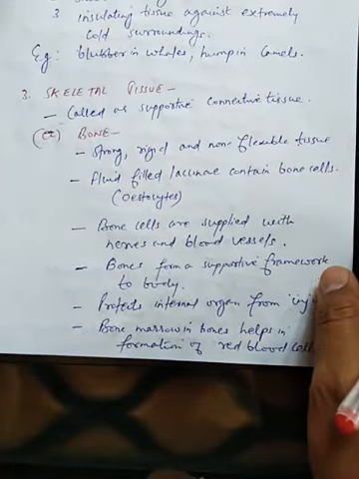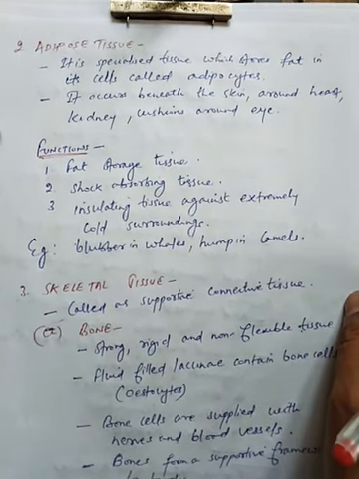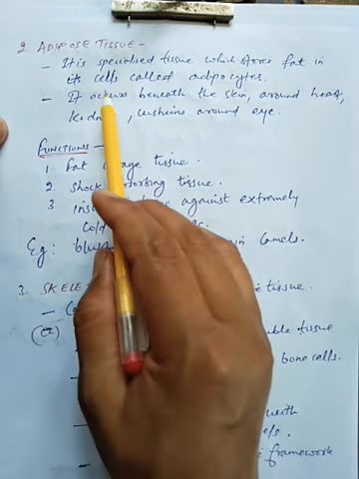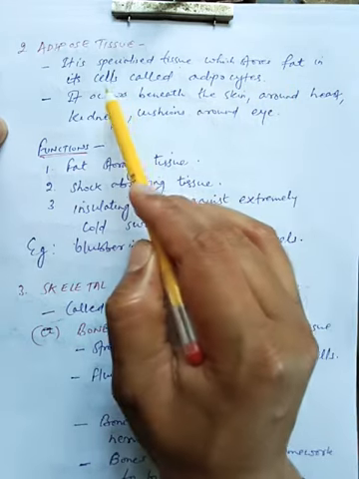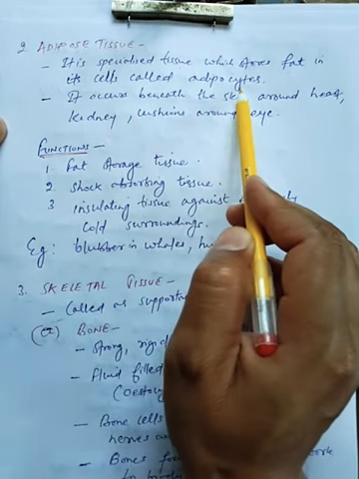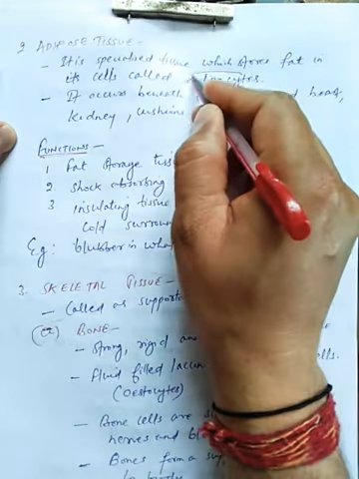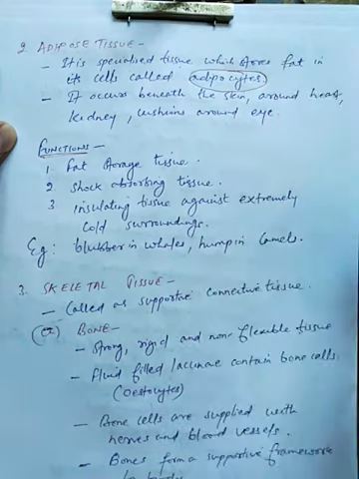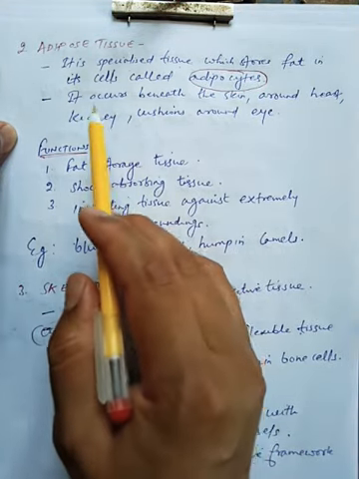Now students, see, second type of connective tissue is adipose tissue. It is a specialized tissue which stores fat in its cells called adipocytes. So these adipocytes are special cells of adipose tissue which store fat. Where is it present?